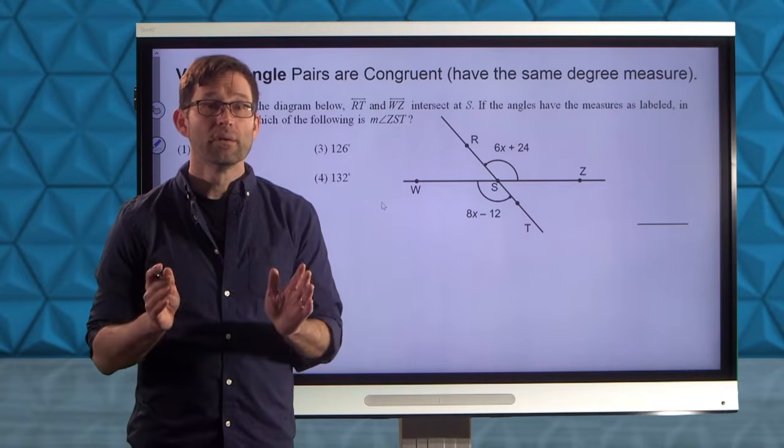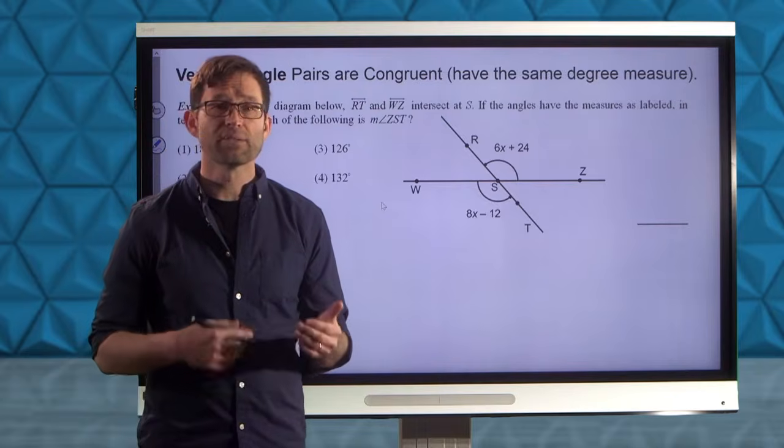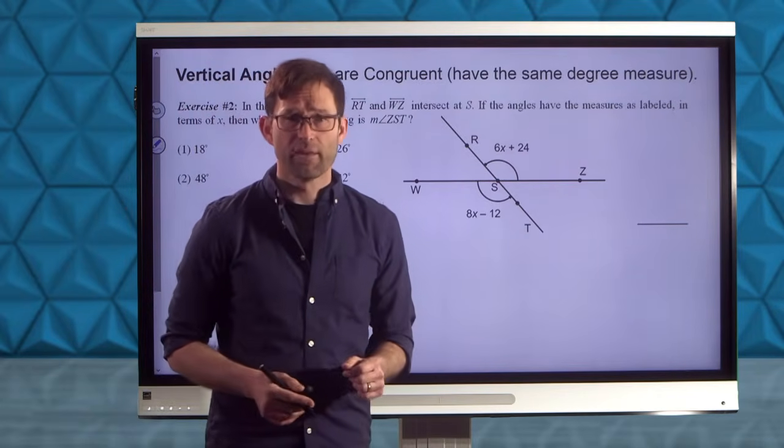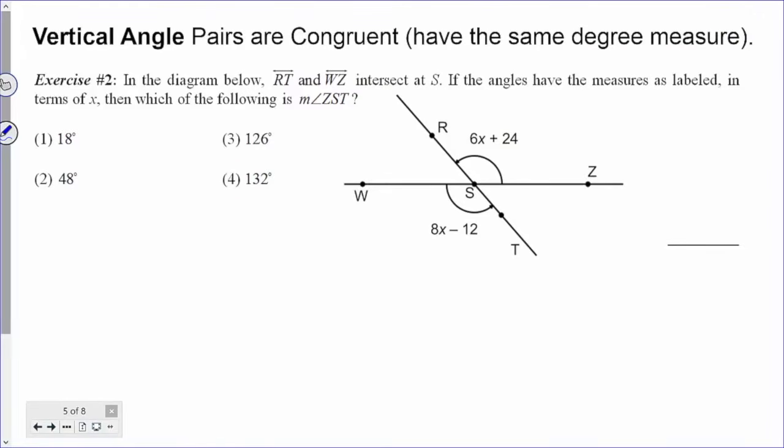Now you want to be very careful in this problem, because even if you have no idea what you're doing, you might start it off correctly, but you may not finish it. So, what do we know? We know that these two angle pairs are vertical angles, and therefore their measures, 8x minus 12, must be equal to each other, 6x plus 24.